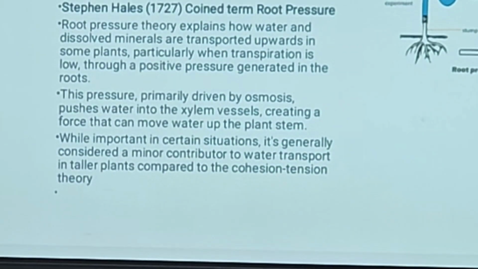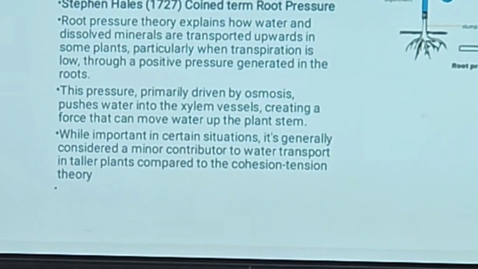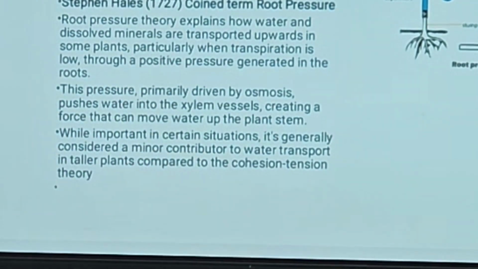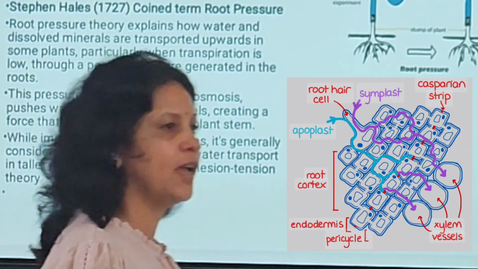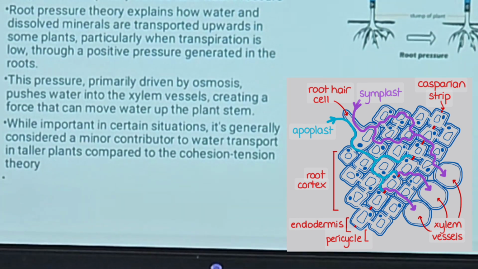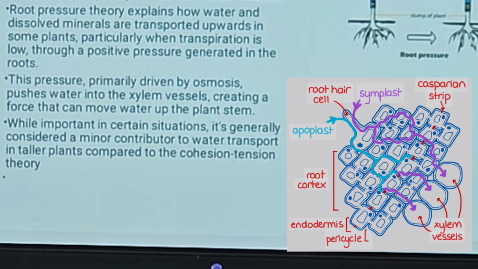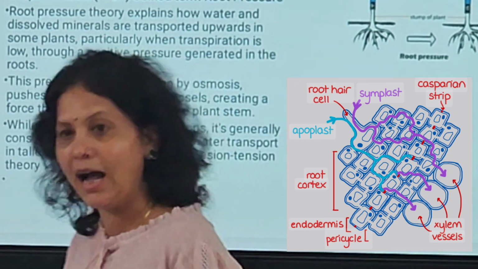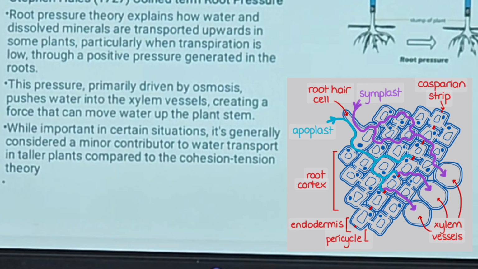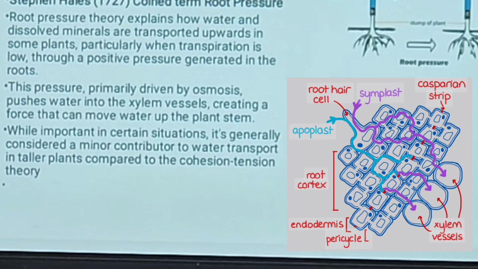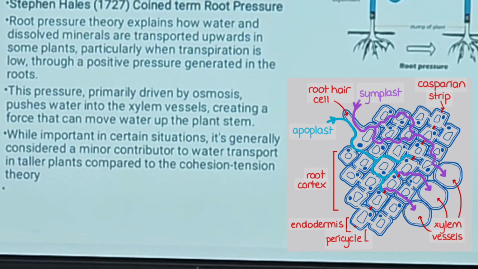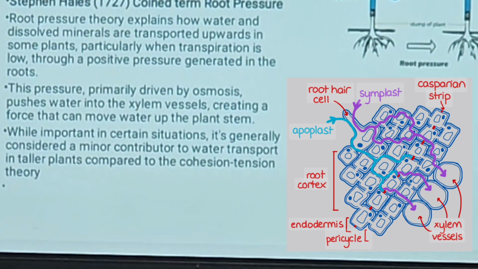However, this pressure is primarily driven by osmosis, because when water moves through a semi-permeable membrane, we call it osmosis, and it moves water into the xylem vessels, creating a force that can move water up the plant stem. While important in certain situations, it is generally considered a minor contributor to water transport in taller plants as compared to the cohesion tension theory explained by Dixon and Joly.